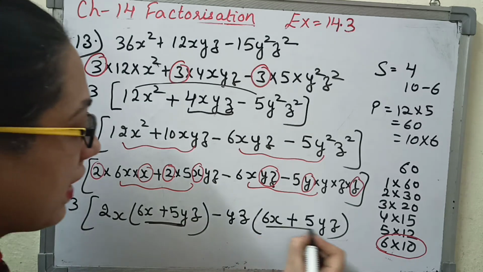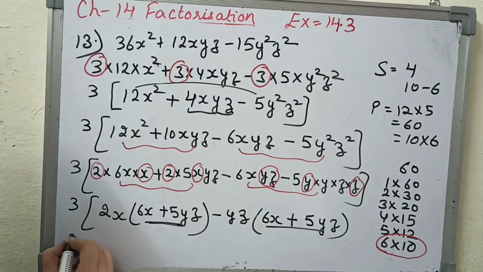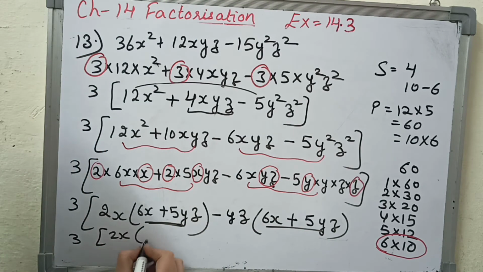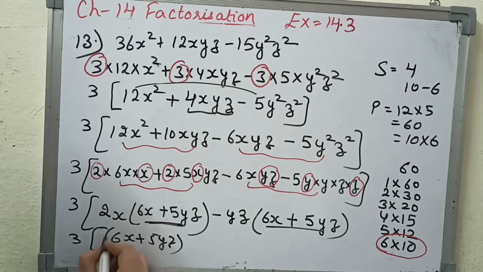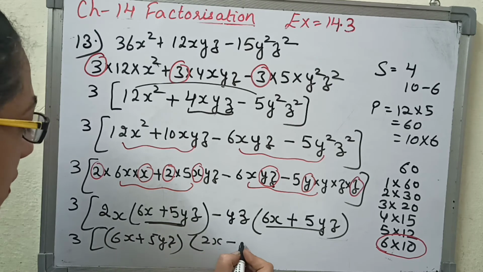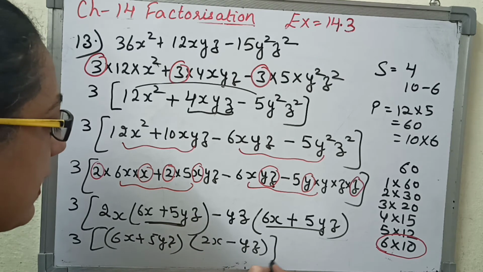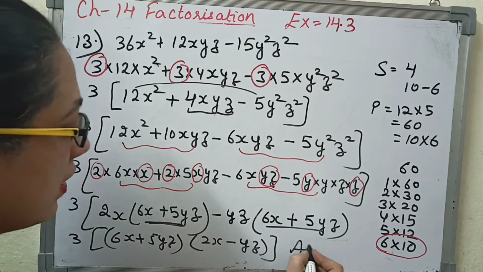Again both these brackets are the same, so write down 3 common, 6x plus 5yz, and 2x minus yz in the second bracket. So this is your answer.